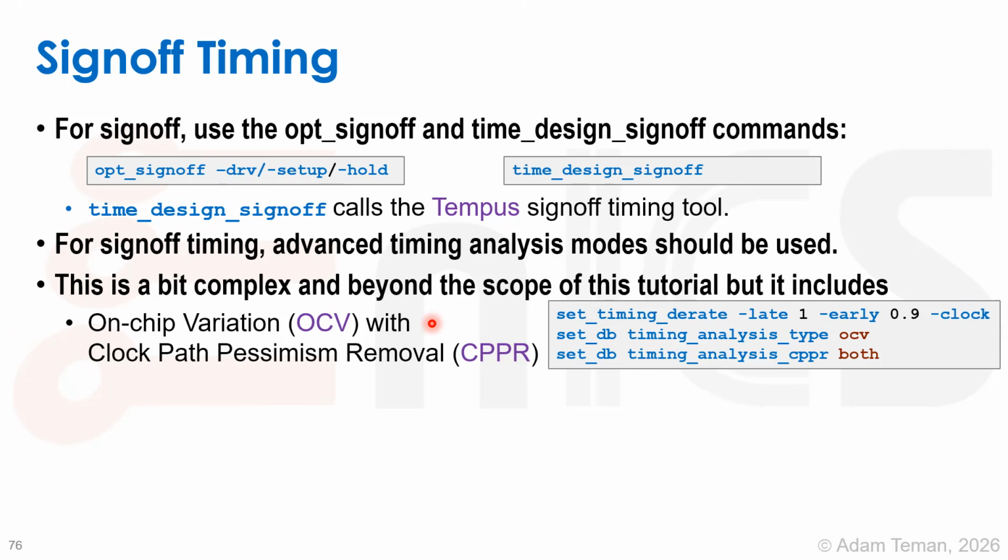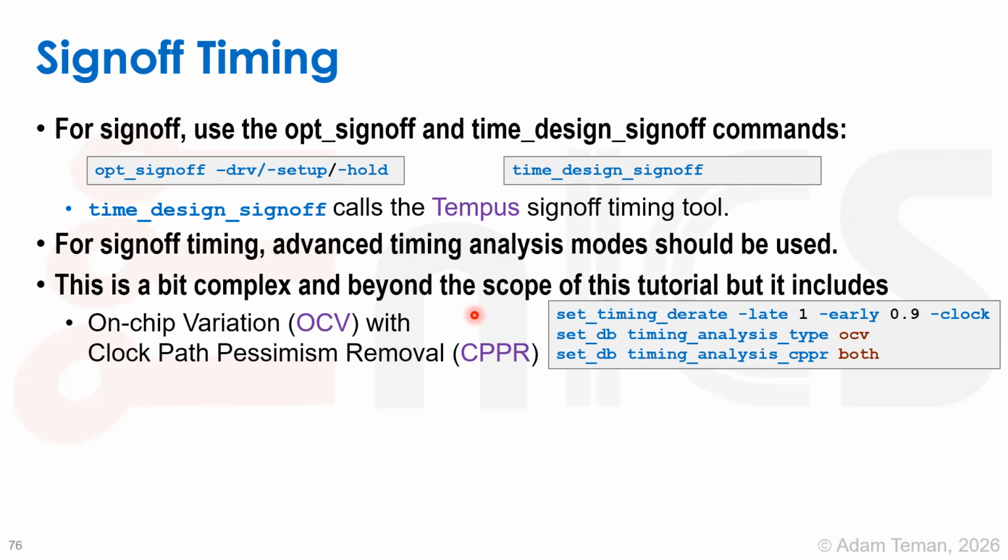But there's this situation where the clock is usually shared between the launch and the capture flip-flop for a certain part of the path. We have our PLL or whatever that's creating our clock, and the clock propagates until some point where it branches off, and one branch goes to the launch flop and one branch goes to the capture flop.